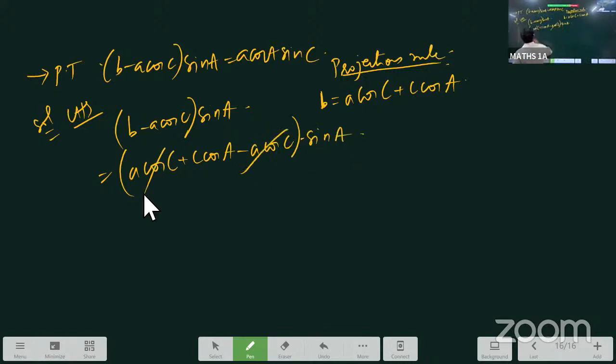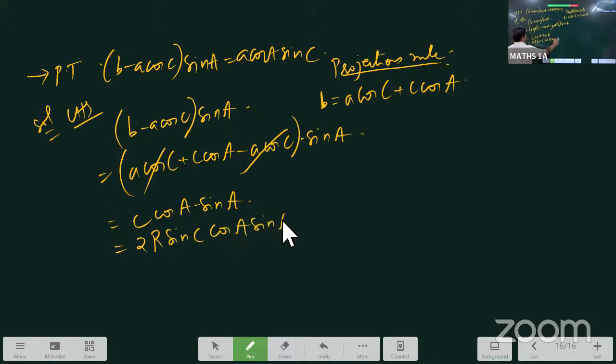Now a cos c gets cancelled. So what is left out? c cos a sin a. Right? Now, here I am going to write small c as 2r sin c, so 2r sin c cos a sin a.